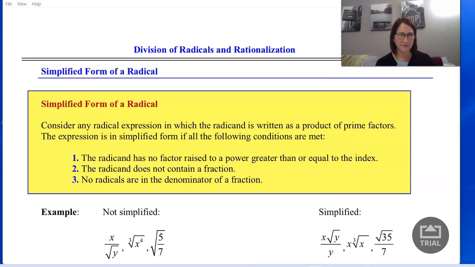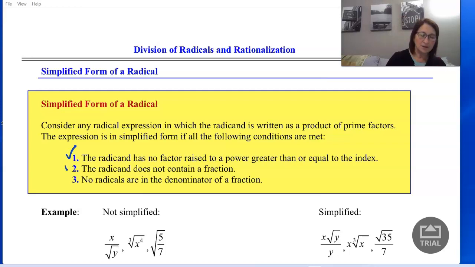Again, I just want to review real quick. How do we know when a radical is simplified? There are three characteristics you need to look for. One, the radicand, that's the part that's underneath that radical symbol, has no factor raised to a power greater than or equal to the index.